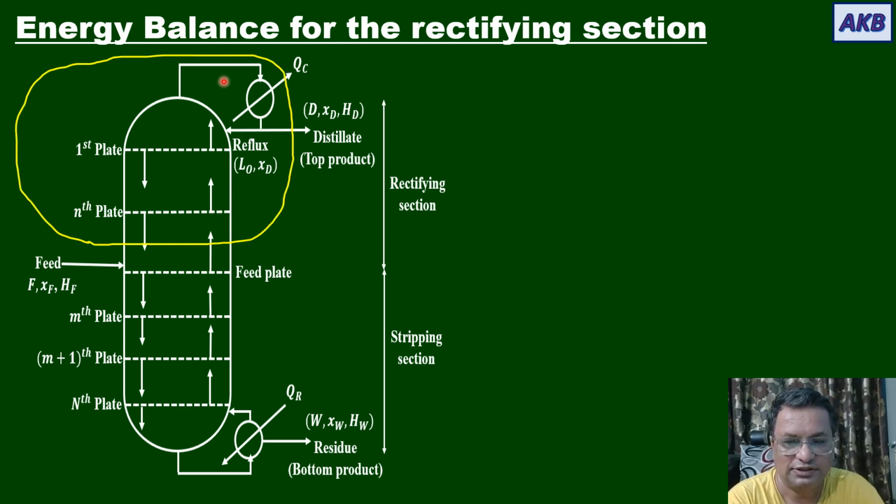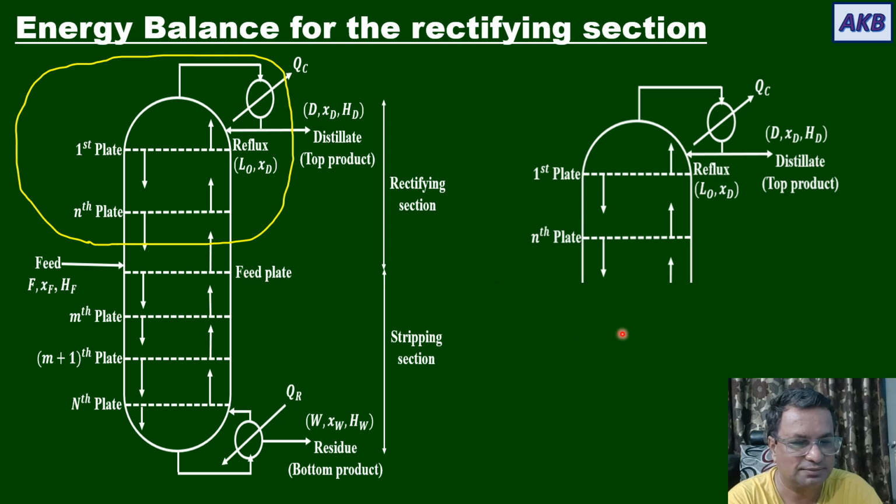So now I have drawn an envelope around the rectifying section, and now you can see the rectifying section. So you should know what the streams are. This is the stream that is going out of the rectifying section. This is the stream that is entering the rectifying section, and of course we have numbered the plates.